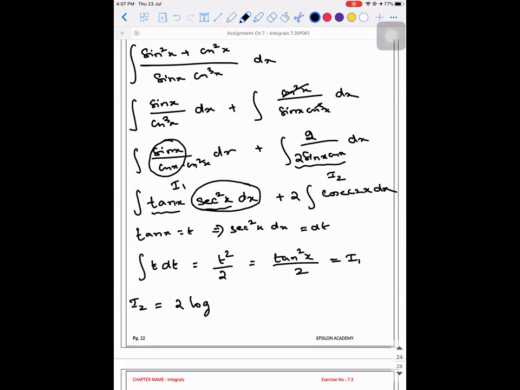Log of cosecant 2x minus cot 2x. This is the answer. But if I'm not wrong, your answer will not match with this. The book answer will not match with this.